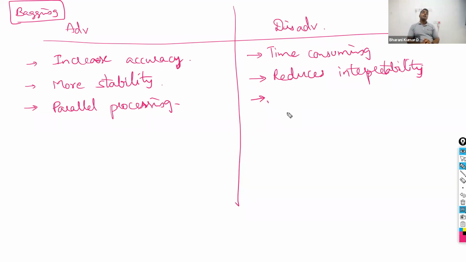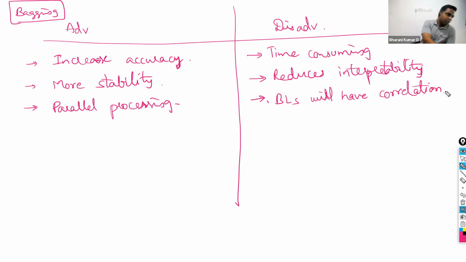This is a disadvantage with bagging. The base learners, BLs, will be correlated. Since they will be correlated, you need to figure out a better way to handle it.